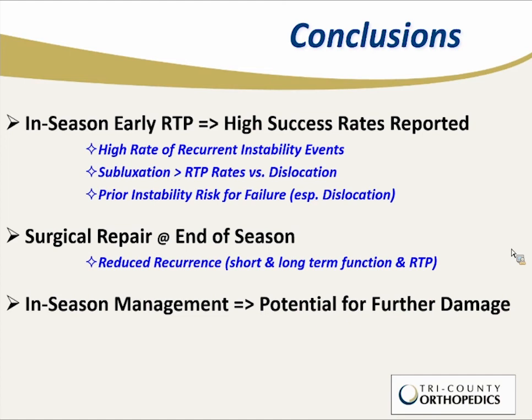Surgical repair at the end of the season did reduce recurrences, and that's well documented, both in the short and long term. And then finally, the most important thing to consider is, well, you have successful in-season management from a getting back and playing standpoint. Are you potentially doing further damage to the joint?